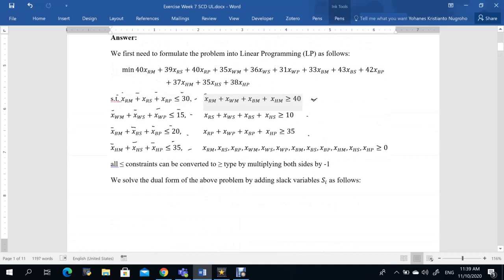Let's say it is y1, it is y2, y3, y4. Here this equation put to be y5, y6, and y7. And therefore here we have minus y1 because we do not use xRM anymore as a primal variable, but we use y1, right?